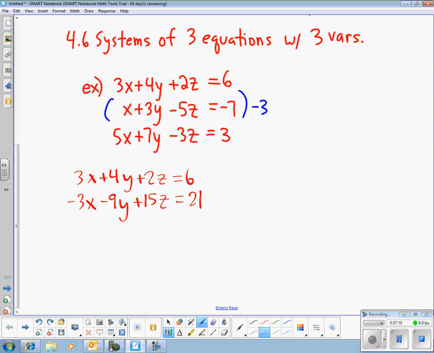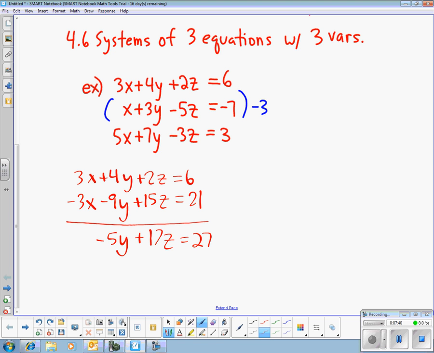Again, the reason I chose that is to make the coefficients of x equal and opposite. So now if I add these 2 equations together, I get -5y plus 17z equals 27. So I've eliminated x from one pair of equations, and I've gotten a true statement involving y and z, but unfortunately I still have a y and z. So this is true, but I'm going to have to do a little bit more.